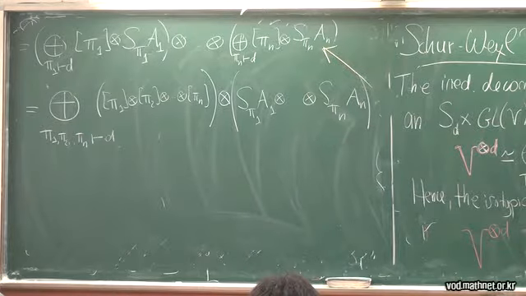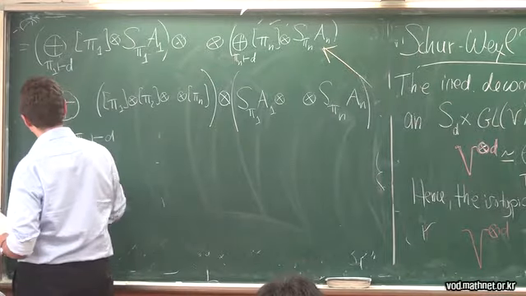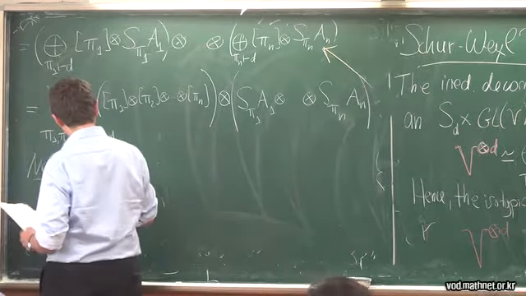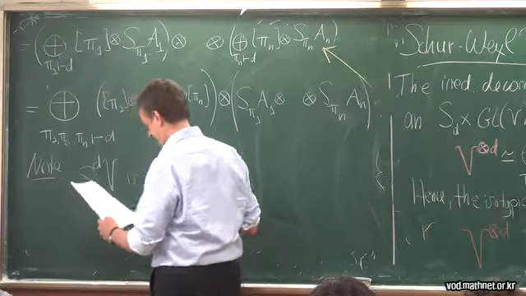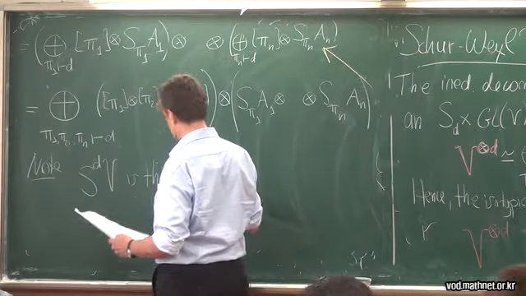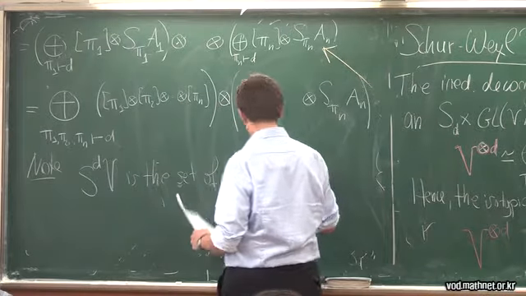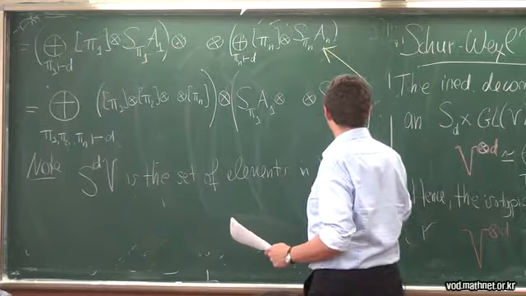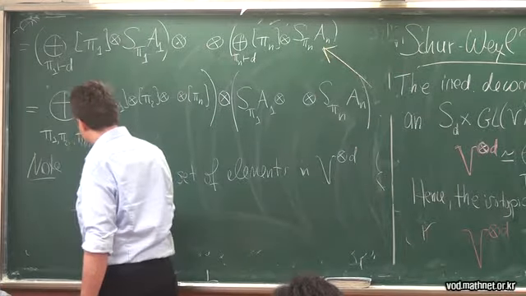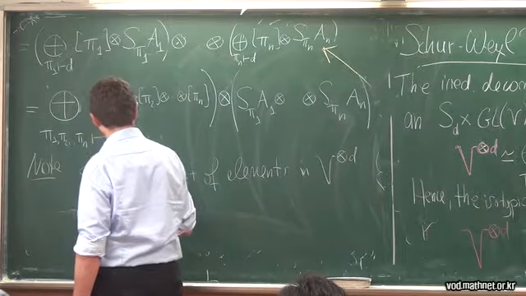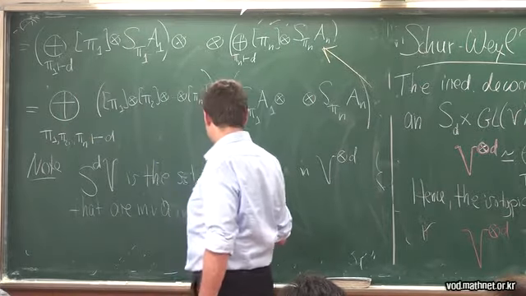But now we're going to note that S^D V is the set of symmetric tensors that are invariant under permuting slots.